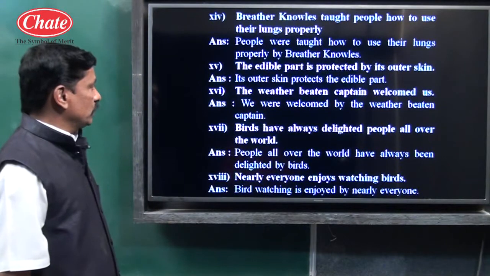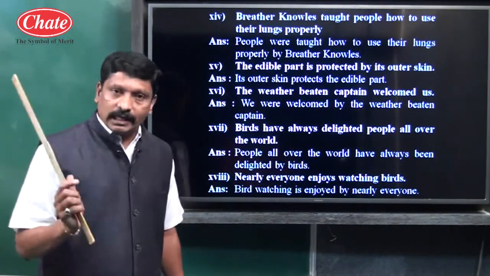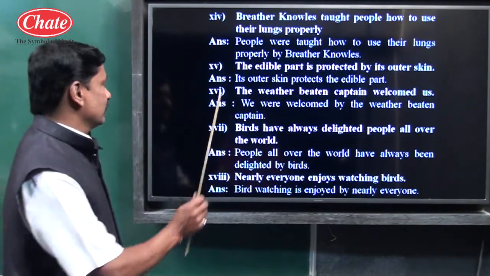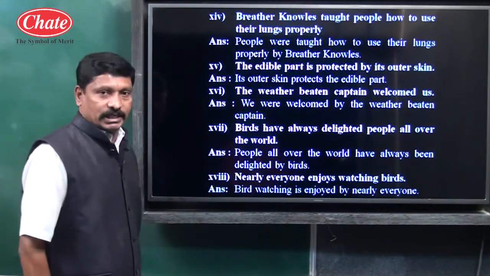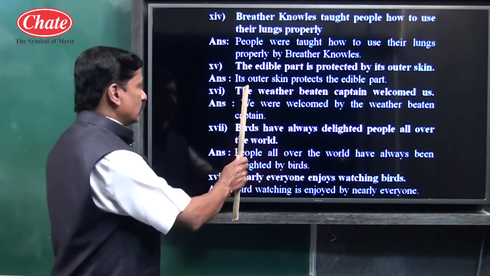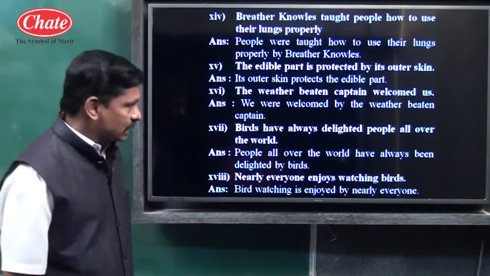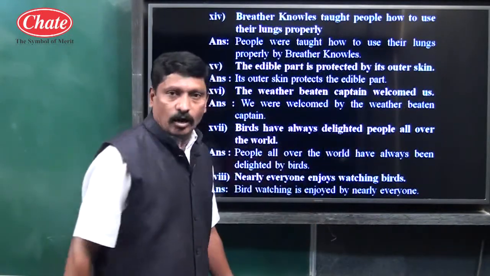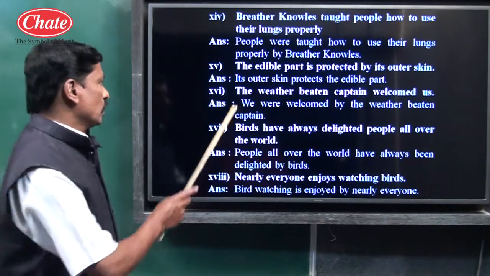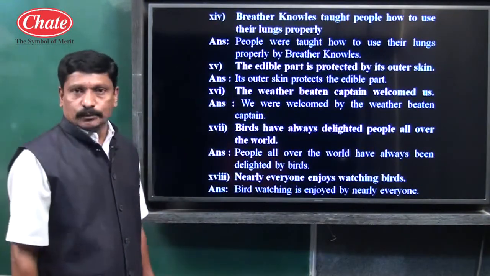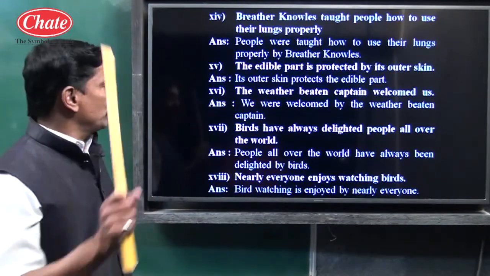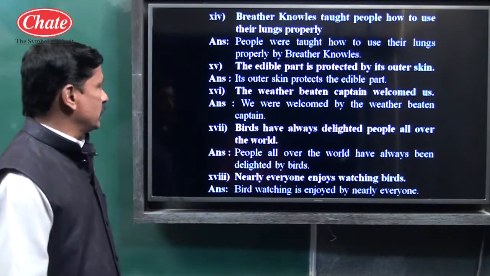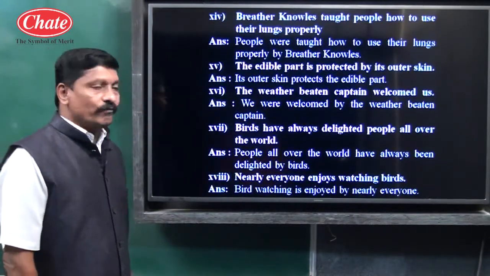Let us say example number 16. The weather-beaten captain welcomed us. Children, once again given example number 16 is in active voice because the weather-beaten captain, subject, welcomed, second form of verb, us is an object. We know to convert this active voice sentence into passive voice, first we have to find out an object. I will repeat once again children, how to find out an object after asking what or whom question. See, the weather-beaten captain welcomed.